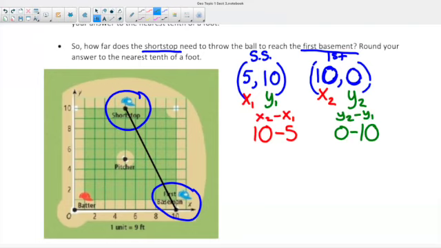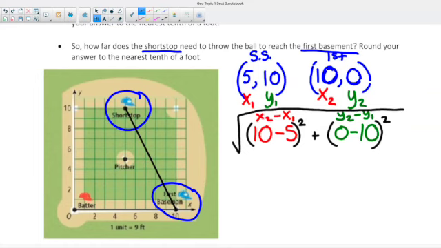So if we start with the Y2 and the X2, then it has to be the same for each part of this equation. Now we are going to square, just like in the Pythagorean theorem, A squared plus B squared, and then we're going to take the square root of that to find the distance.